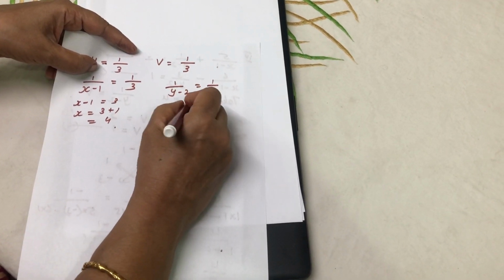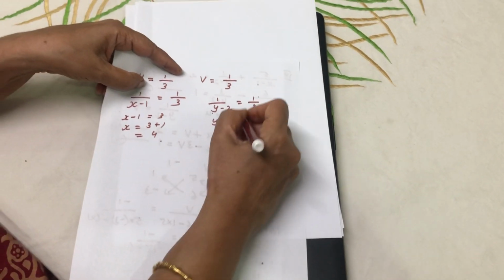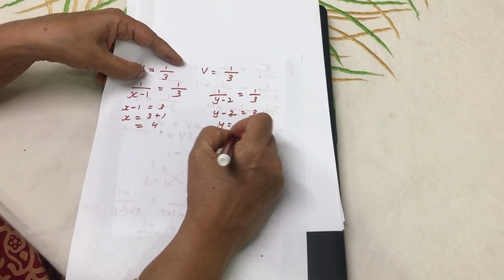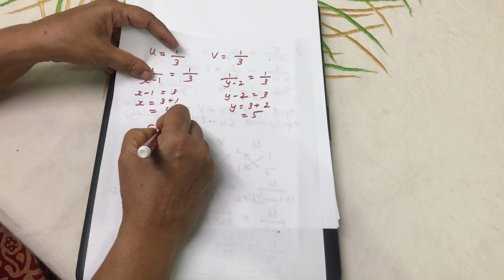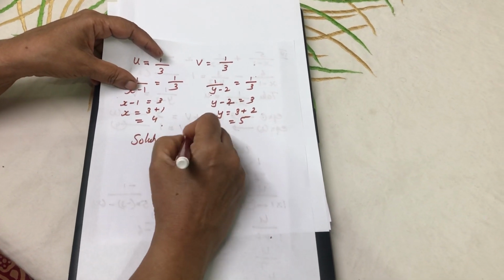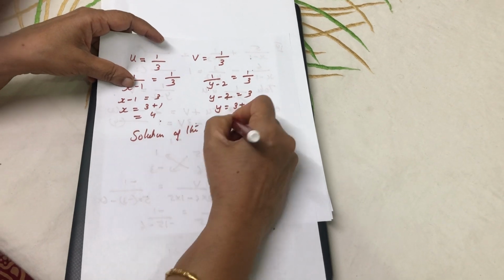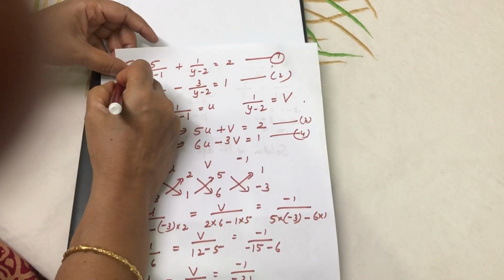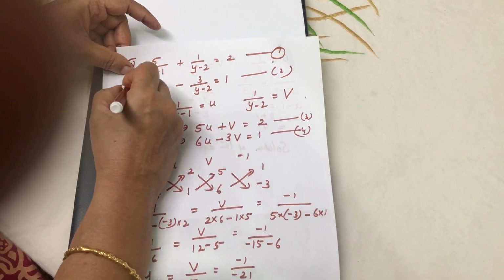Cross multiplication: y minus 2 is 3, y is equal to 3 plus 2, which is 5. Therefore the solution of the equations is x is equal to 4 and y is equal to 5.